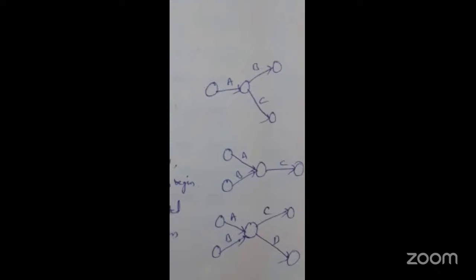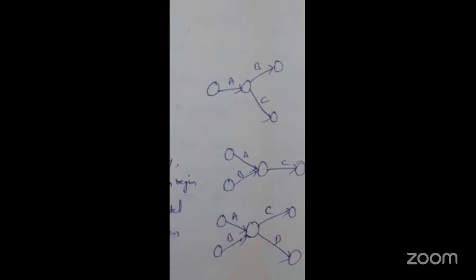Similarly, A is the predecessor activity of B because before B we have A. Similarly, A is the predecessor activity of C because before activity C we have activity A. So like this we can define these two definitions: predecessor activity and successor activities.